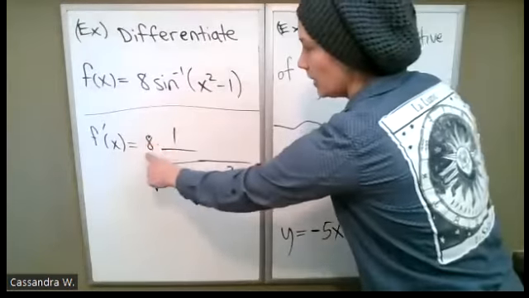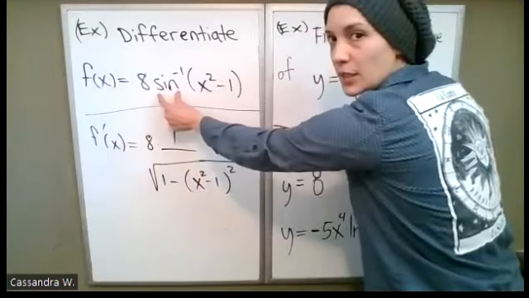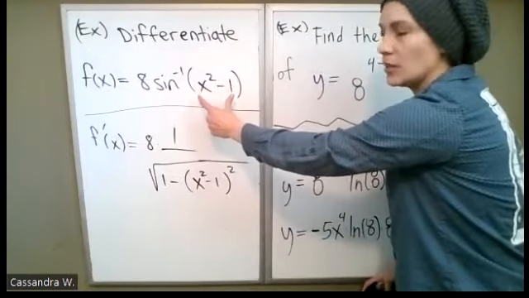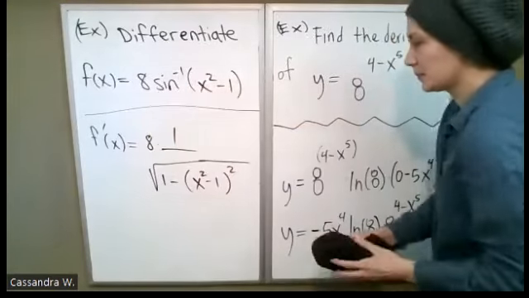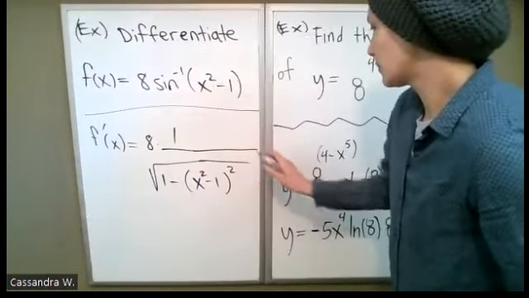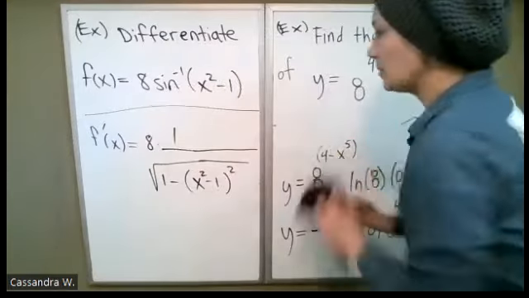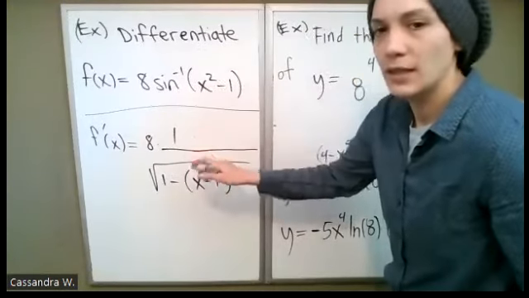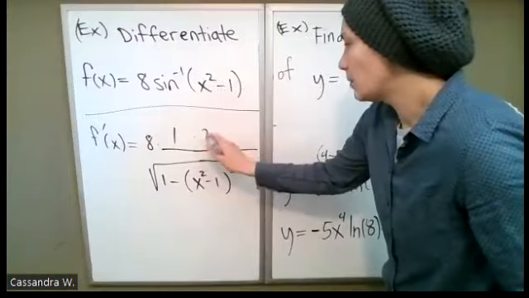Okay, so we've got that there. We've taken care of this part here. You need to multiply by the derivative of the inner function, which would give you a 2x. I'm just going to write it right in the numerator. So then you would multiply using the chain rule by 2x.